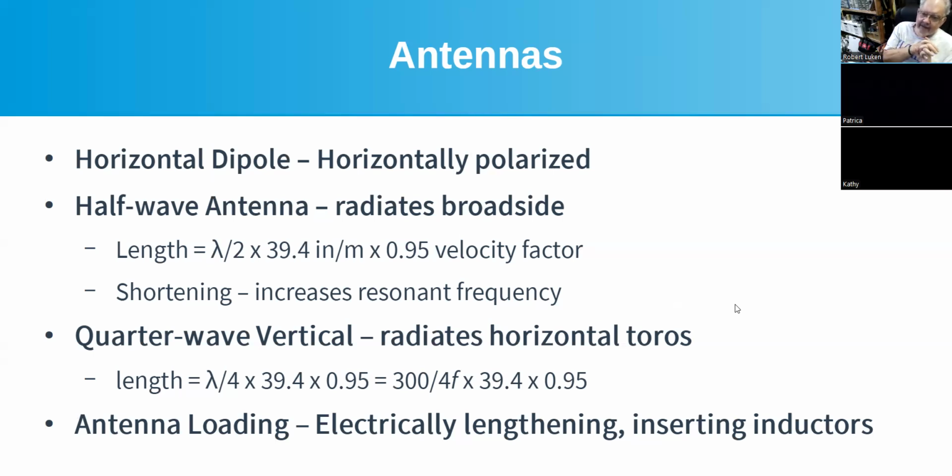The other thing is called antenna loading, which you see in mobile installations where you can't really have a 10-foot antenna on the back of your car. I mean, I guess you can, but it's going to hit stuff. So one way to make the antenna shorter is to electrically lengthen it. You add an inductor, which we call a loading coil.